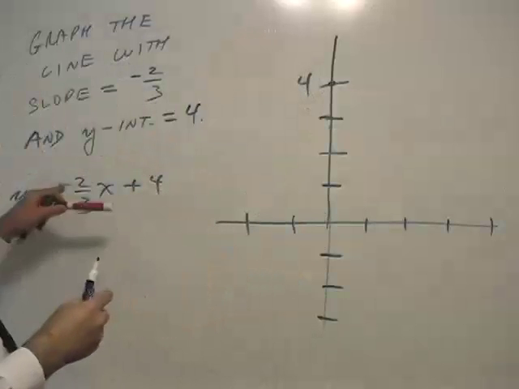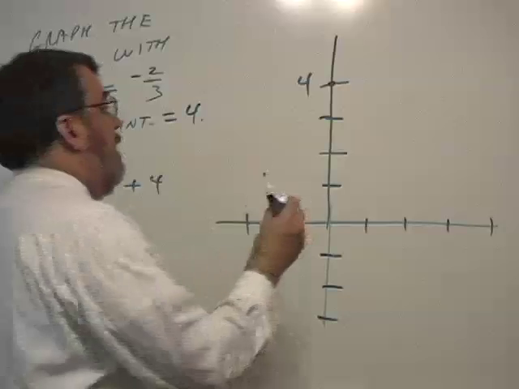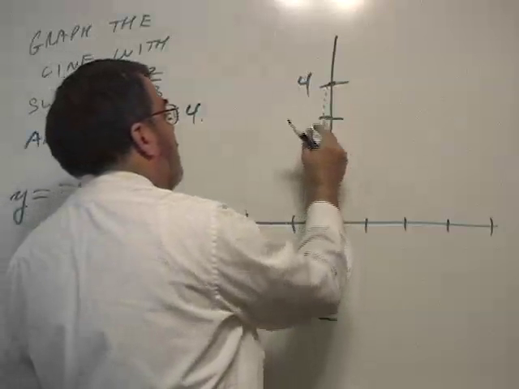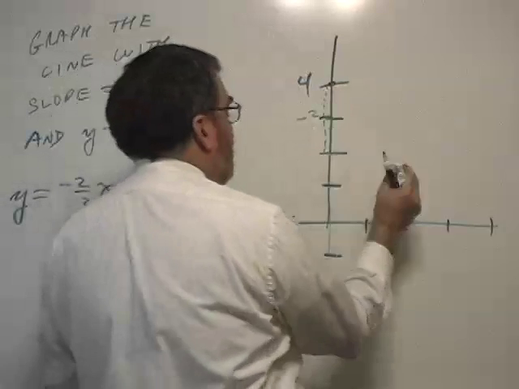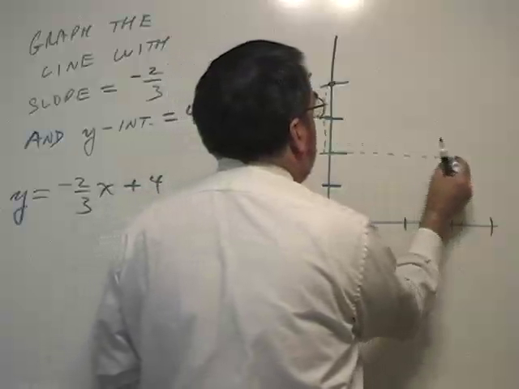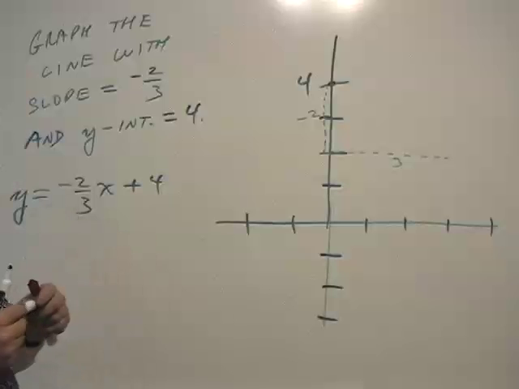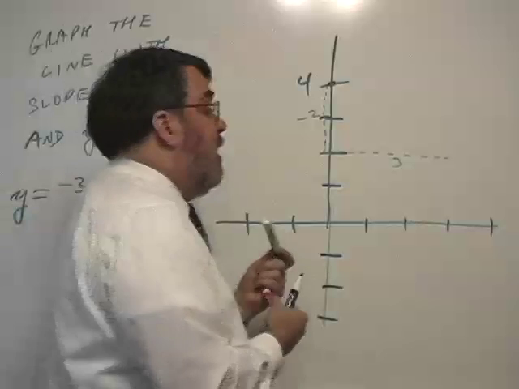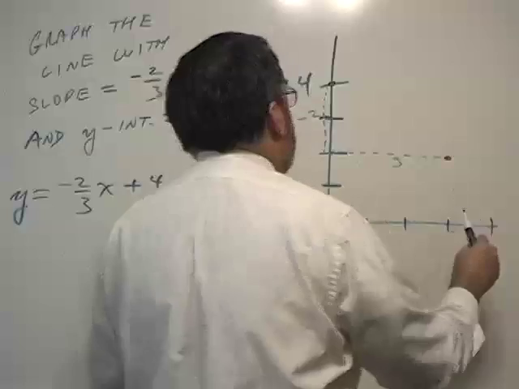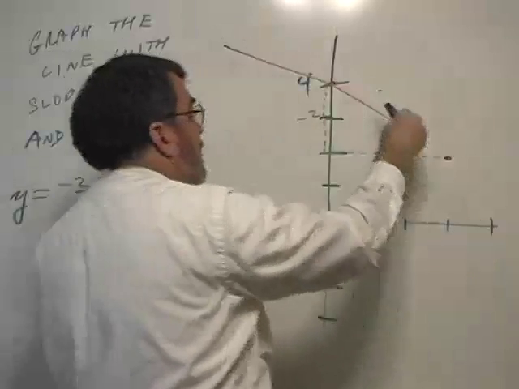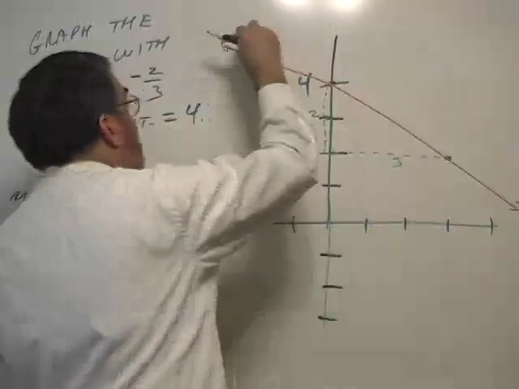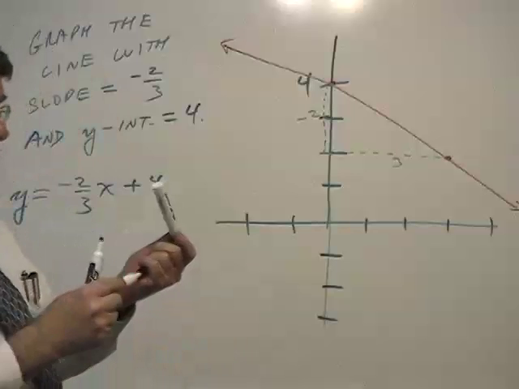If I drop down negative 2 and go right positive 3, then I've used my slope of negative 2/3 to generate a second point, and connecting these points forms the equation of the line.